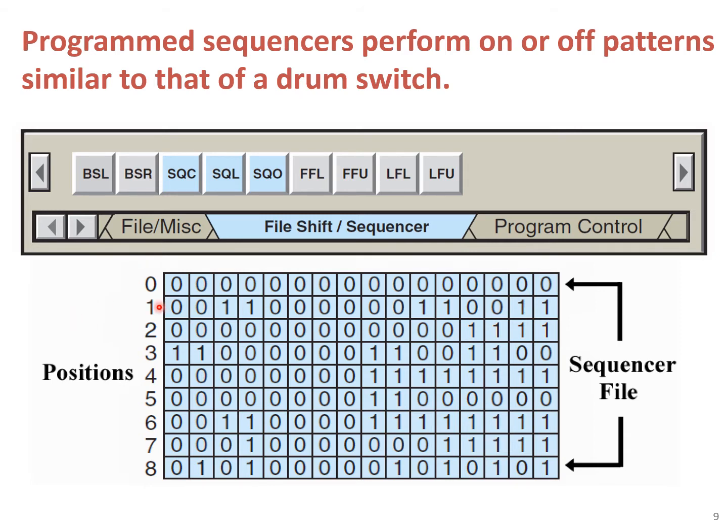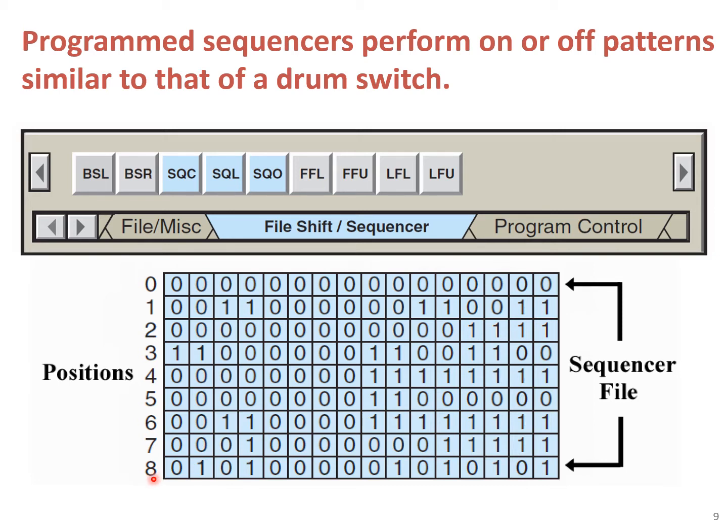On the second one, the first 2 are off, then we have 2 on, and so on and so forth, okay? And basically the main task of a sequencer is to go through these positions one by one, okay? So we'll discuss later how we could change the position.